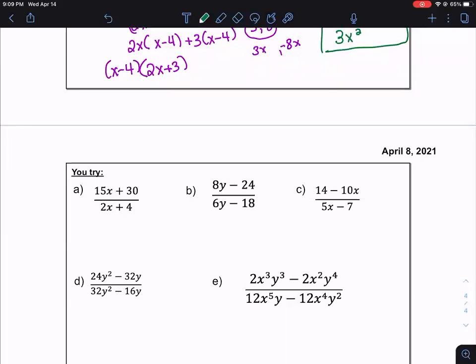Okay, I think we can get going on these first 3 at least, so let's do those.